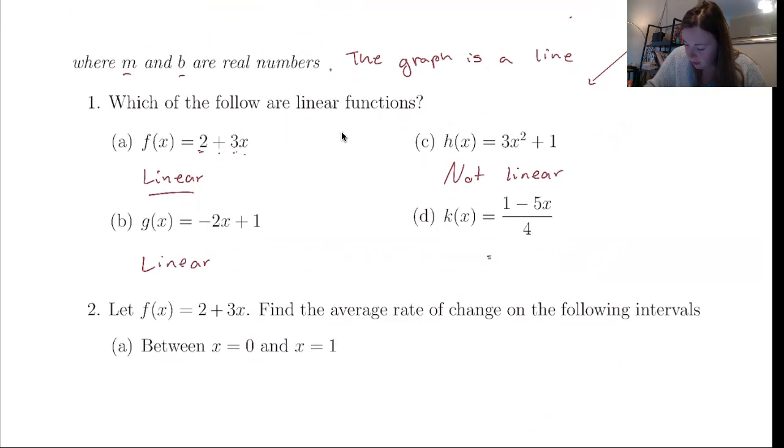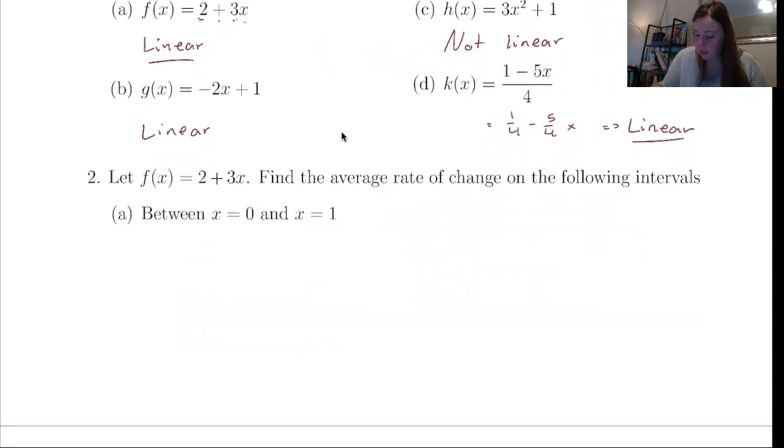So this could be written as like 1/4 minus 5/4 times x. So this is also linear. Just looked a little different. As long as x is in the numerator and its power is 1, it's a linear function. And there's only one of them. It's not like x times x, because that would be x squared. Okay?